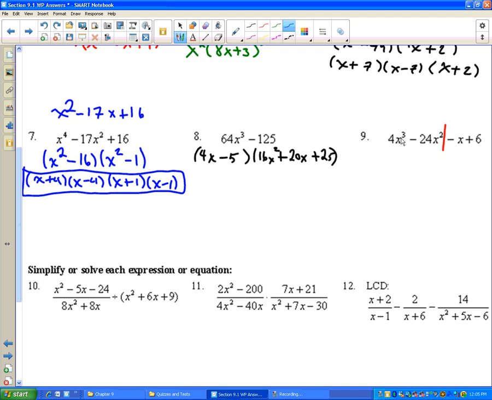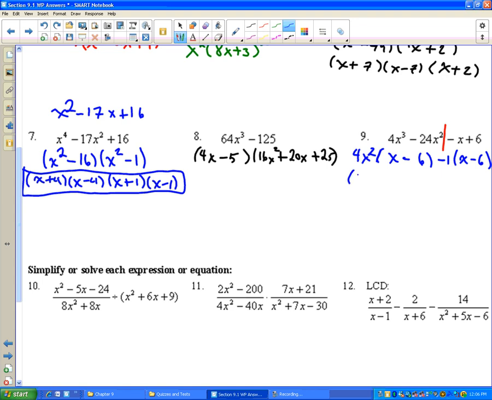Number 9, again, I need to do factor by grouping. Out of the first term, I can go ahead and pull out a 4x squared, which is going to leave me with x minus 6. Here I'm going to pull out a negative 1, so I'm left with x minus 6.